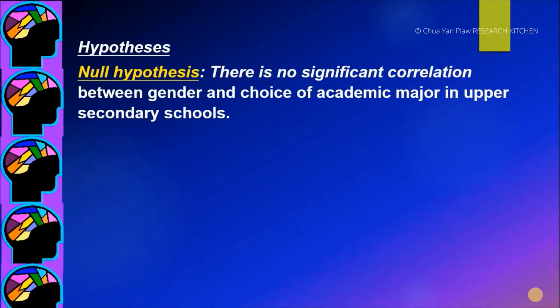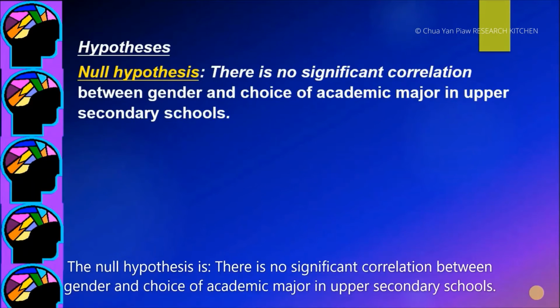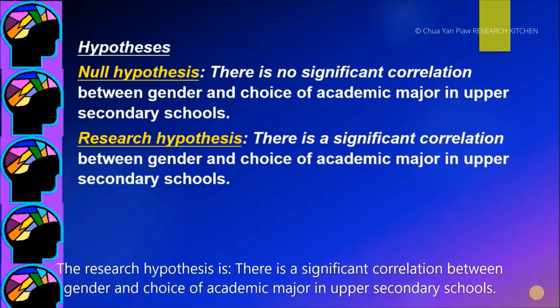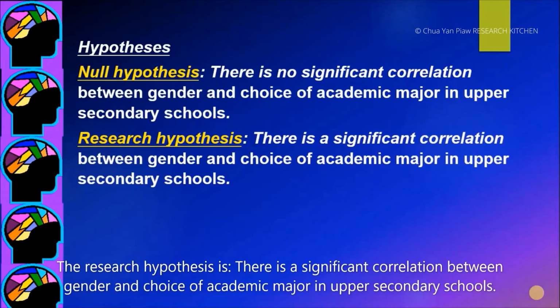The null hypothesis is there is no significant correlation between gender and choice of academic major in upper secondary schools. The research hypothesis is there is a significant correlation between gender and choice of academic major in upper secondary school.